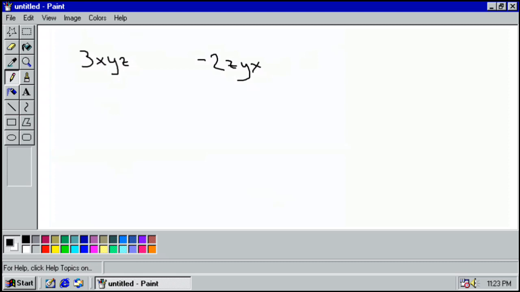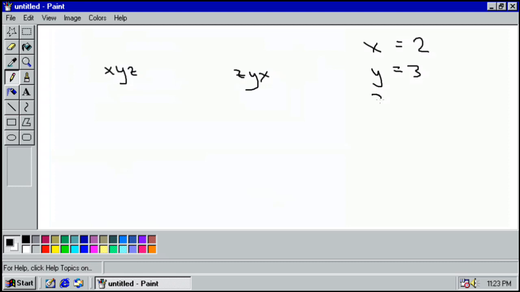Okay, so let's remove our coefficients here. Let's give both of these a value. So let's say x is 2, y is 3, and z is 4. Now let's replace it.